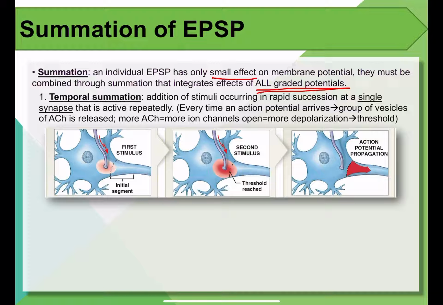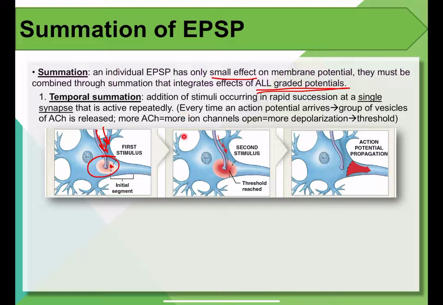In temporal summation, the stimulus will arrive in rapid succession at a single synapse location on the neuron, whether it be a dendrite or the cell body, but it continuously arrives at that one location of the neuron.